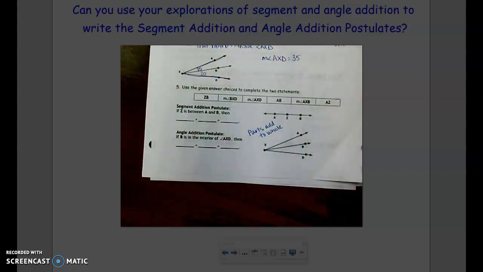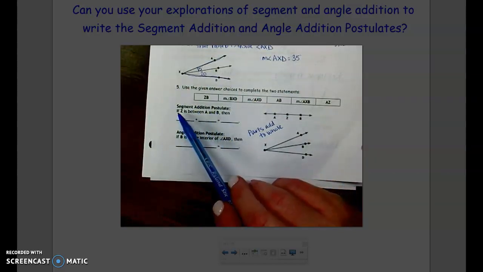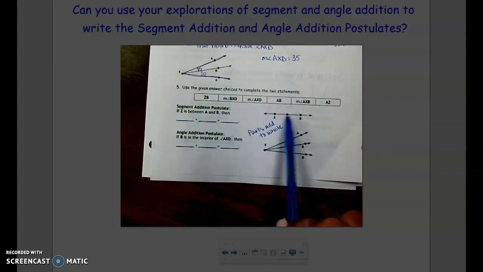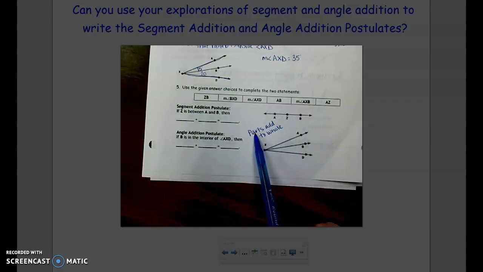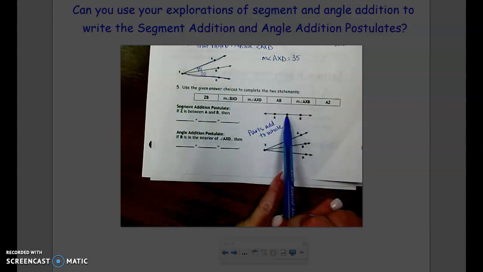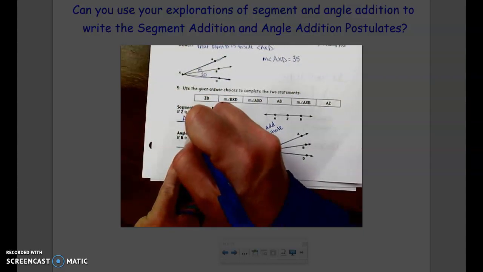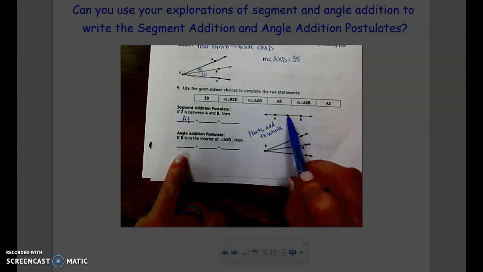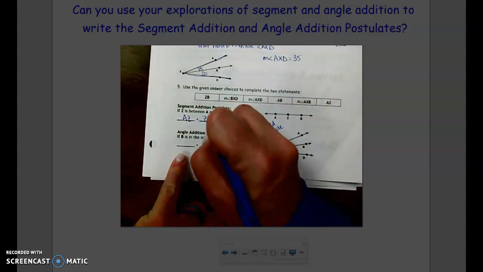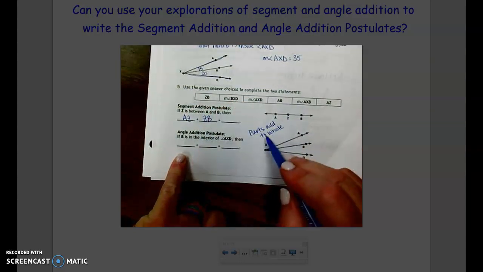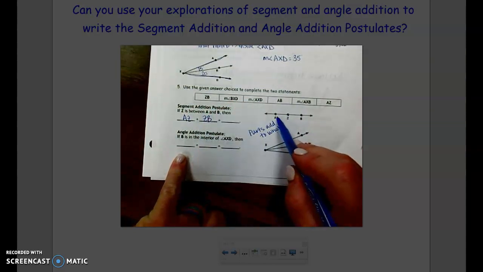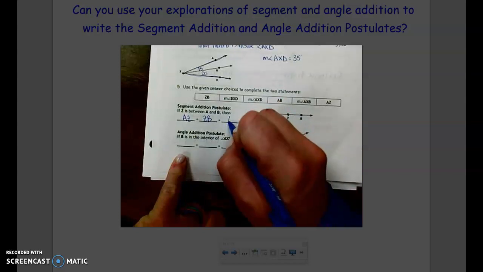So the segment addition postulate: if we know point Z is between points A and B, then we know that the parts, and our parts are AZ, so you can put that in the first blank, and the other part is ZB, and those parts must add up to get the whole thing, and the whole thing was the segment from A to B.